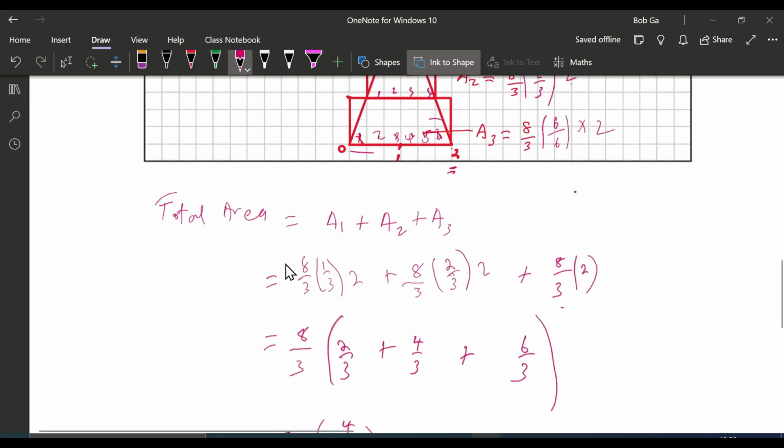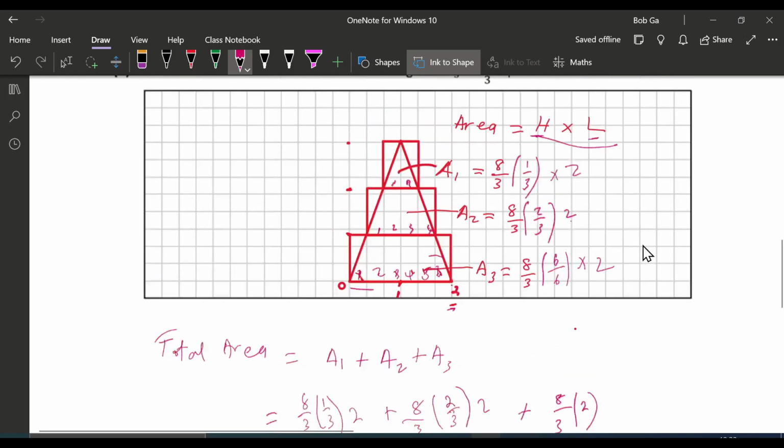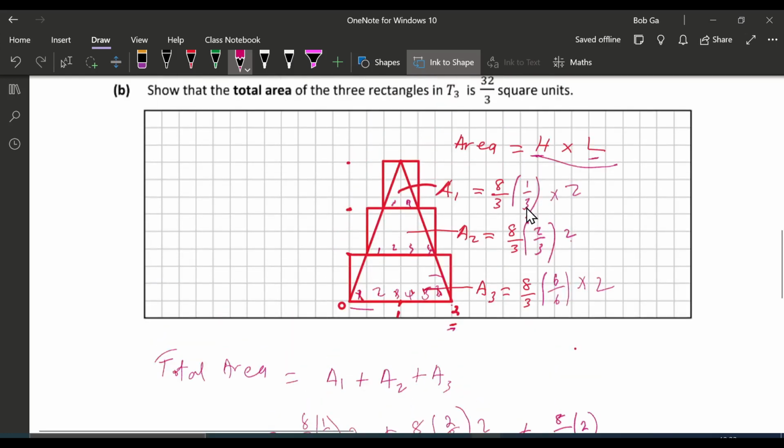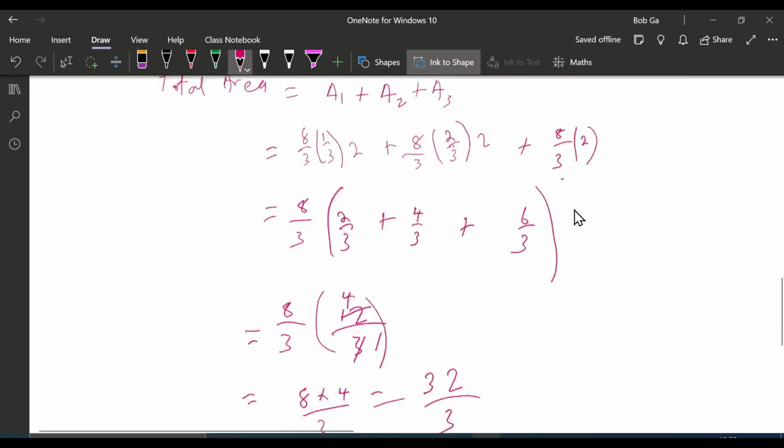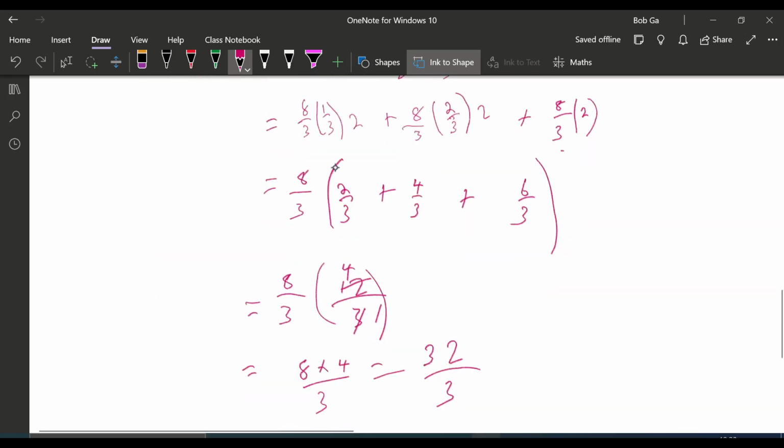So to get the total area of all the rectangles in the triangle now, it will be area 1 plus area 2 plus area 3, and then we substitute the values that we got there. The first one, the smallest one, is 8/3 times 1/3 times 2, which is what we are representing here.